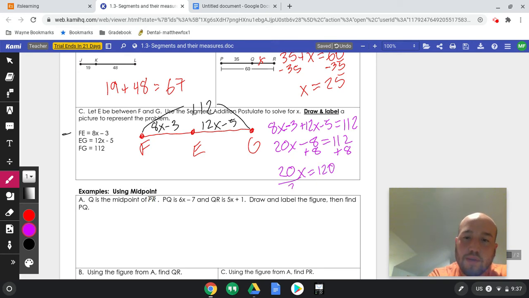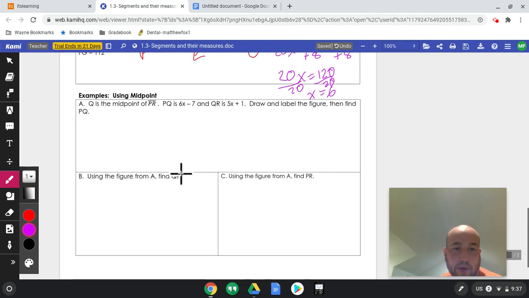And our final step, divide by 20, divide by 20. We get x equals 6. Okay? Now, that's all we have to do, and we're done. If it had asked us to find what the distance of FE is, we would then plug that back in. But in this case, it just asked us to solve for x right here.